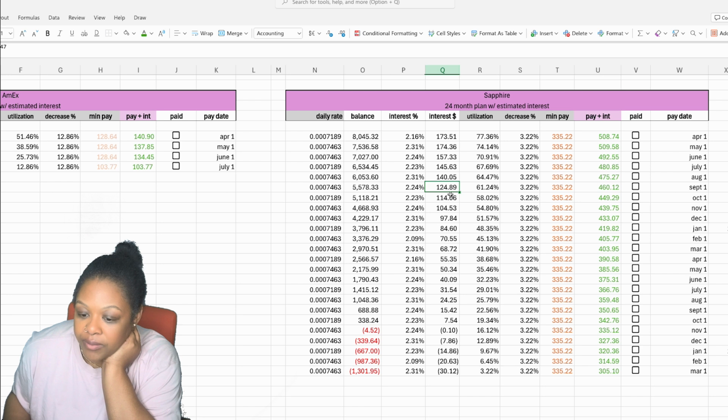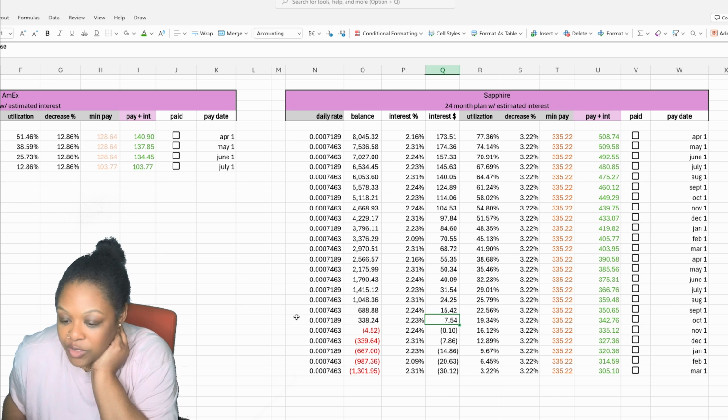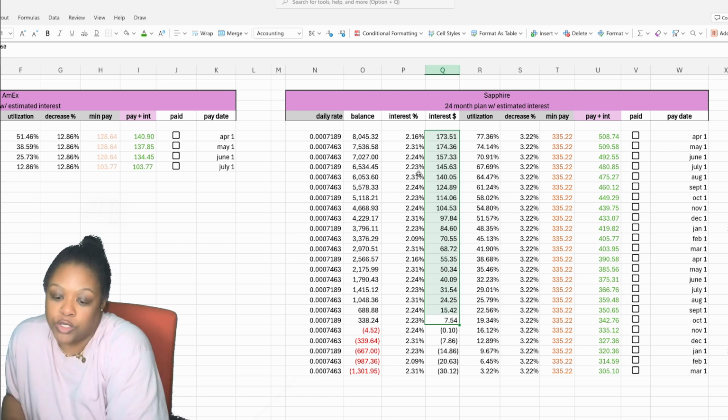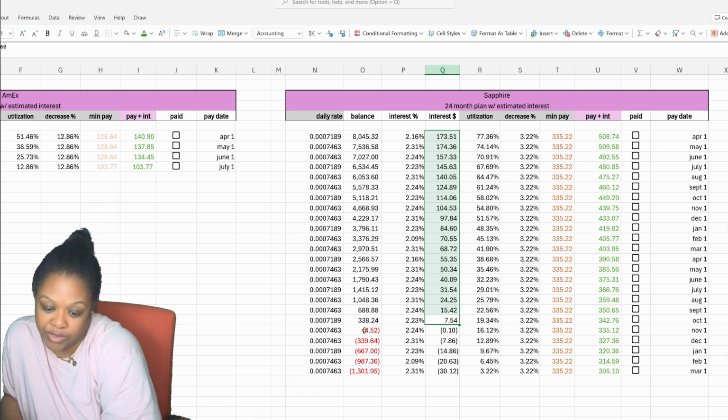These are some pretty big jumps in the interest world, especially for this card for me. So it looks like I only need, how many months is this? 19 months at this rate to pay it off if I stop using it completely.